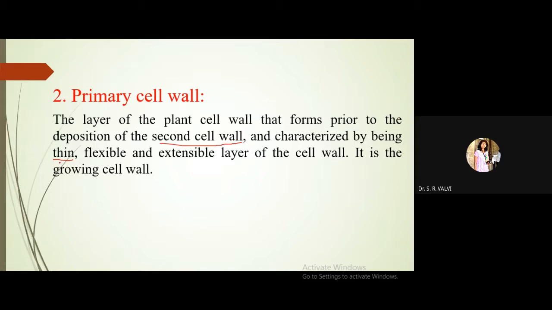It's very thin, flexible in nature, as well as an extensible layer of the cell wall. This is a thin, flexible and extensible layer, and it is the growing cell wall. Primary cell wall is the growing cell wall, right? And it's formed before the secondary cell wall. Yes, obviously after formation of primary cell wall, secondary cell wall is going to form.